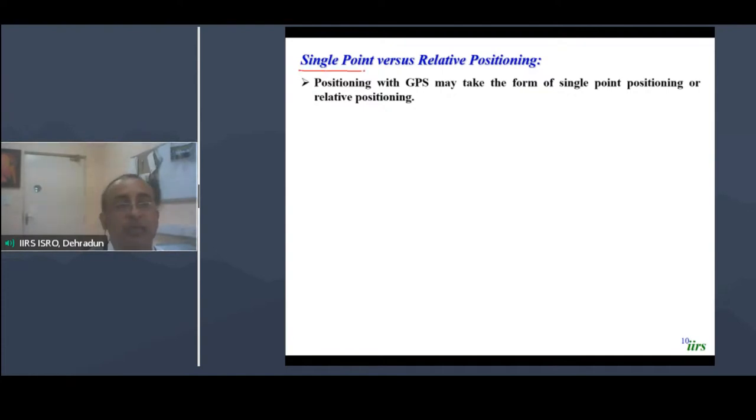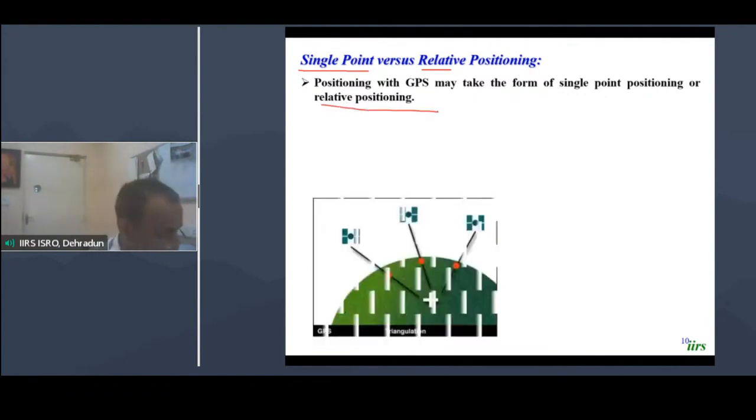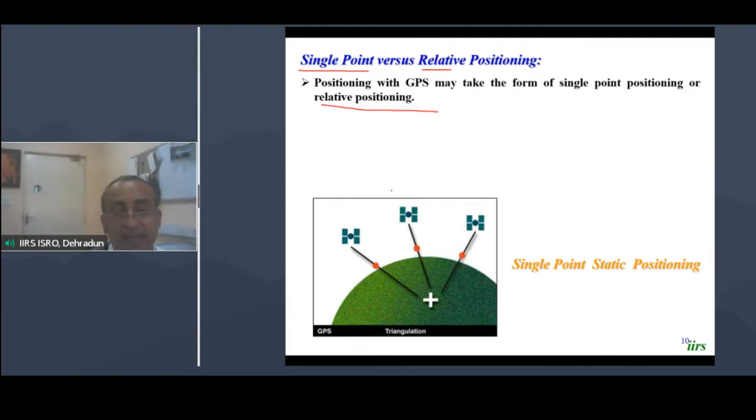If you talk about single point positioning, we can compare it with relative positioning also. The positioning with GPS may take the form of single point positioning or relative positioning. Here, this is an example of single point positioning. It is locking onto a few satellites, minimum 4 for 3D and minimum 3 for 2D.